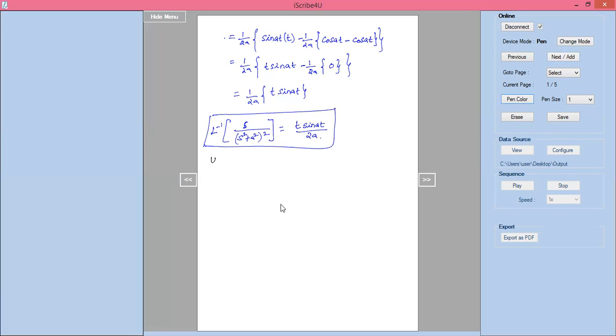Using convolution theorem, evaluate L inverse of 1 divided by s minus 1 into s square plus 1. Now, how do you evaluate this?